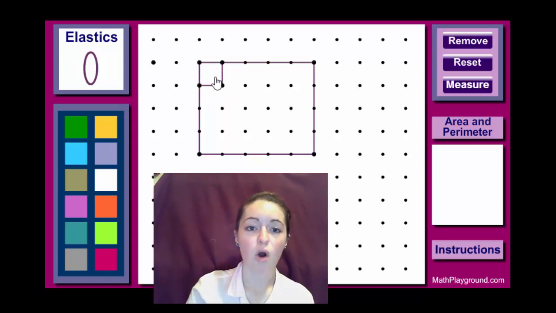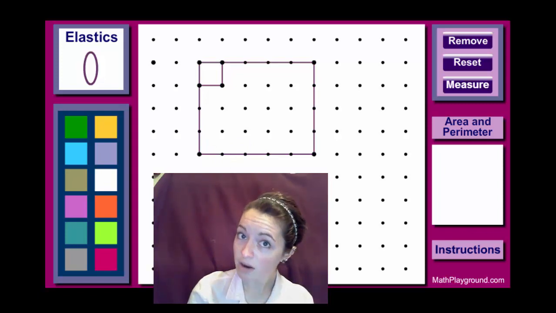So if we were to count all the squares contained within this rectangle, we would get 1, 2, 3, 4, 5, 6, 7, 8, 9, 10, 11, 12, 13, 14, 15, 16, 17, 18, 19, 20. Whew! We would get 20 square units of area.